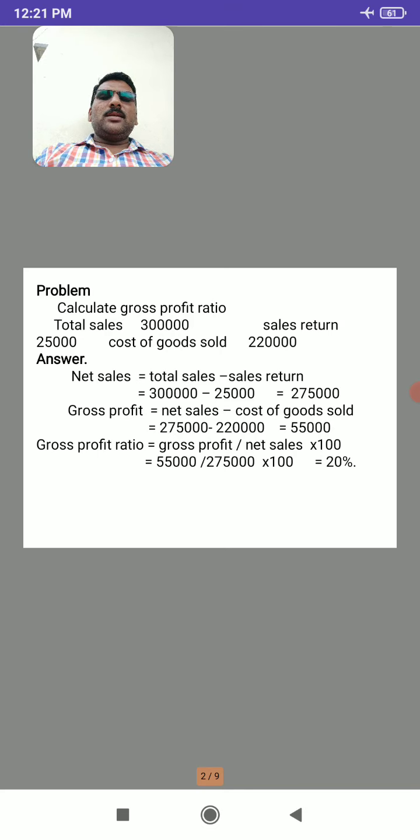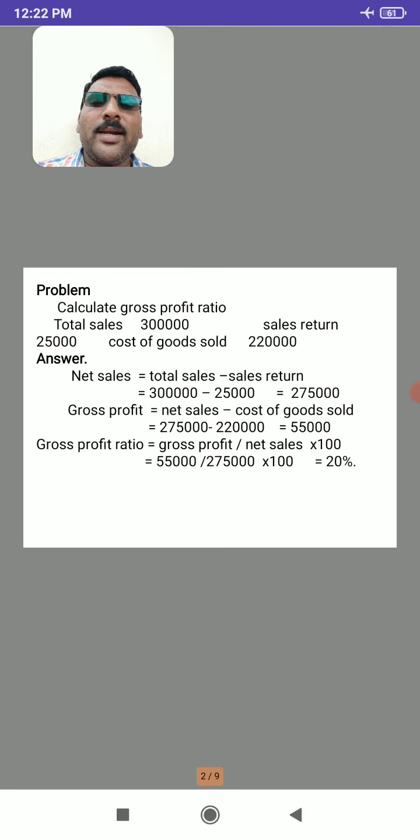So here in this problem it is given that the total sales is 3 lakh, the sales return is 25,000, and the cost of goods sold is 2 lakh 20,000. In the last session we have already studied that we have to find out net sales. How is the net sales calculated? We have to calculate the net sales by deducting the sales return from the total sales.